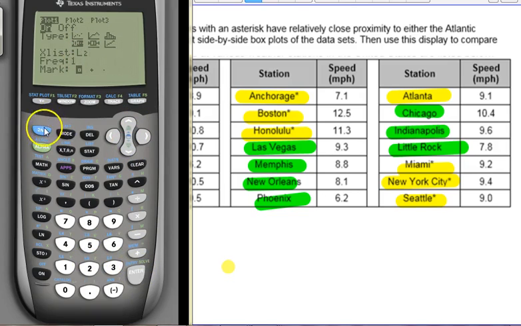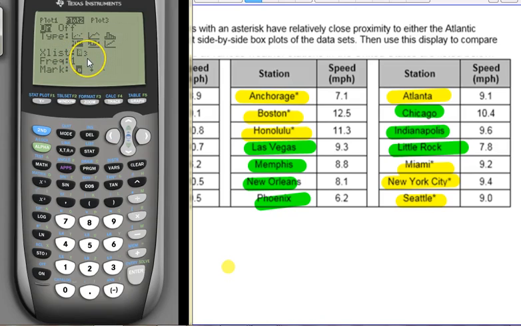Okay. Now I need you to go back and turn on plot number 2. So go back into second Y equals and go down to number 2. Turn that one on. Okay. Arrow down and go over until you get to the same alien head with things coming out his ears, robot head, whatever, and make sure this one says list where your other list is.